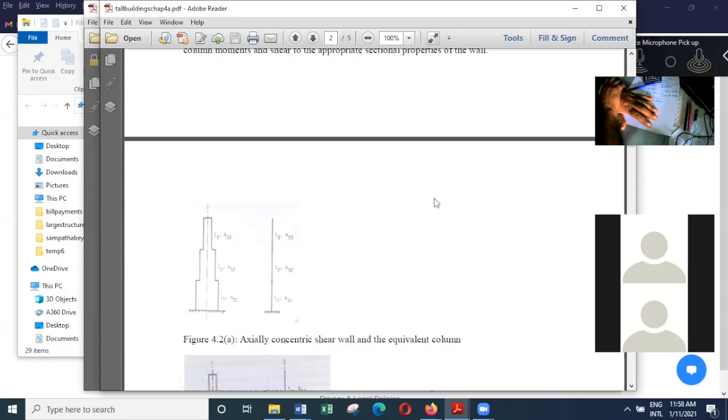What you do is you define a column and then you can modify the I value. You can assign a high I value to the column to represent the wall. So basically, rather than modeling the wall, you can model a column.